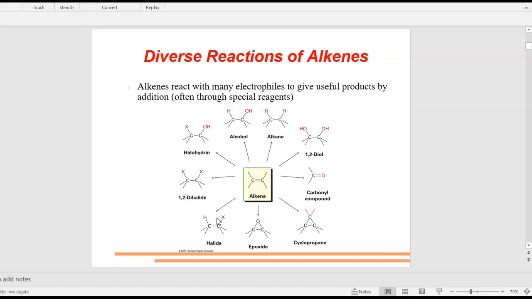This reaction we have already looked at in chapters 6 and 7. You know the mechanism of this, but we can go through it one more time, and we will do a couple of other reactions along with that. That is the formation of the dihalide, formation of halohydrin, and alcohol. So in this video we will cover these four reactions.